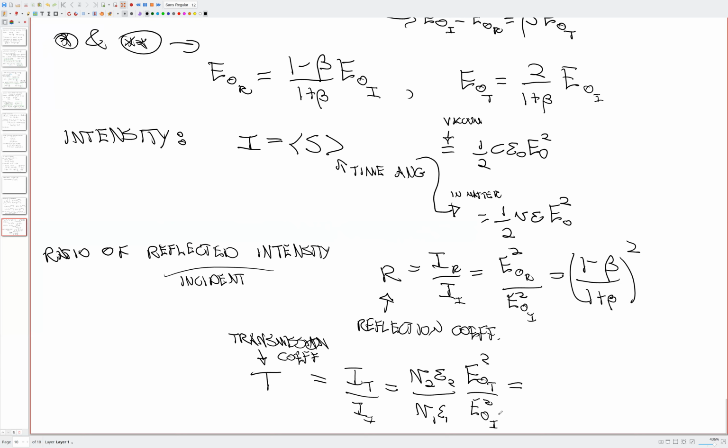This thing is 4 beta squared over 1 plus beta squared, but then there's a 1 over beta. So this becomes 4 beta over 1 plus beta squared. Note that R plus T is equal to 1.